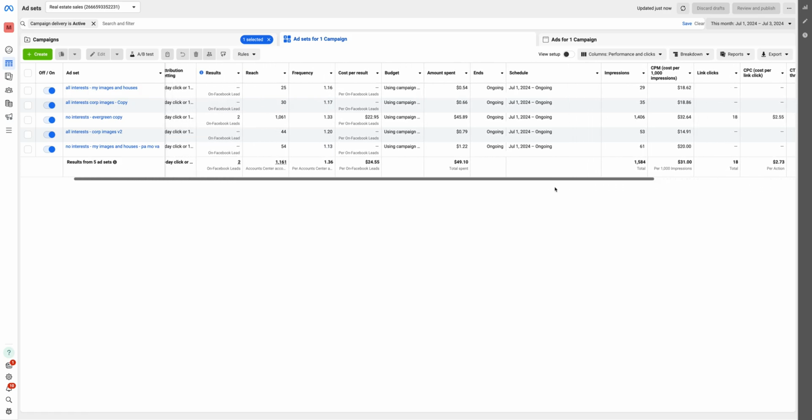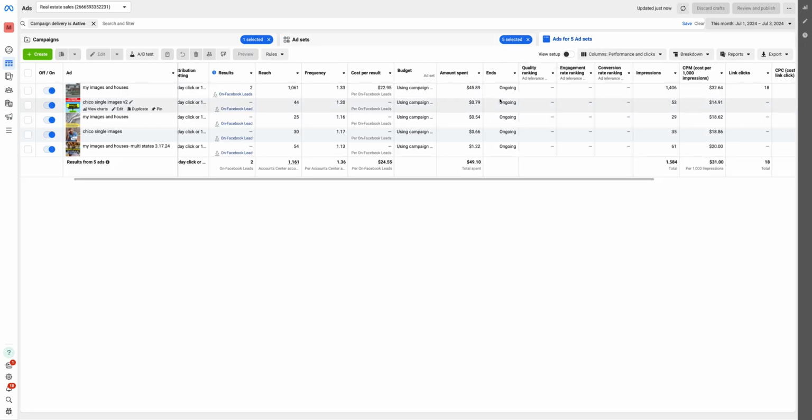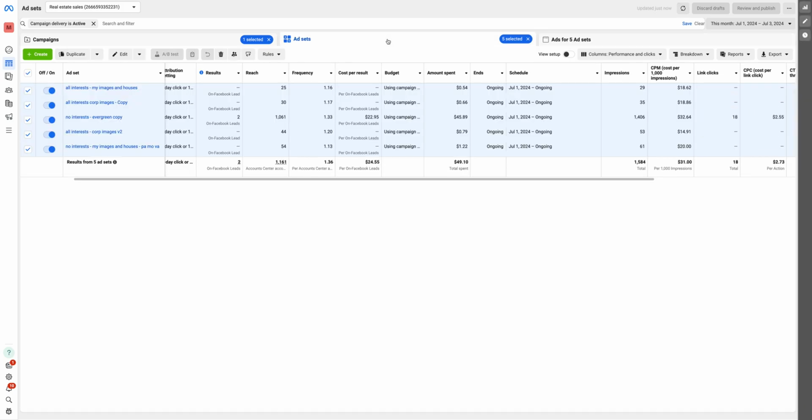All right, so now we're going to go a little bit deeper. We're going to look at the ads for these guys. Since each ad set only has one ad because we're using the creative campaign, we're only going to have 5 ads.